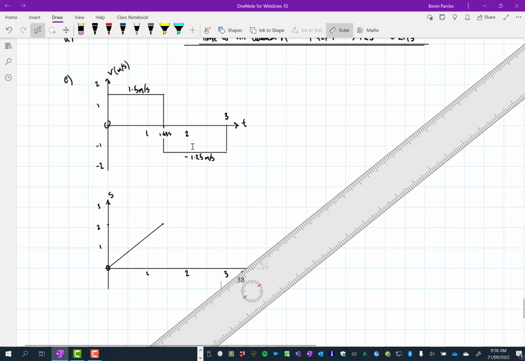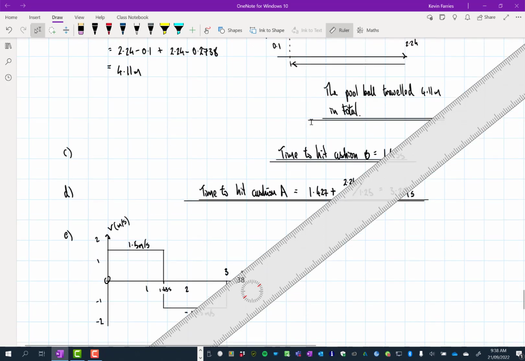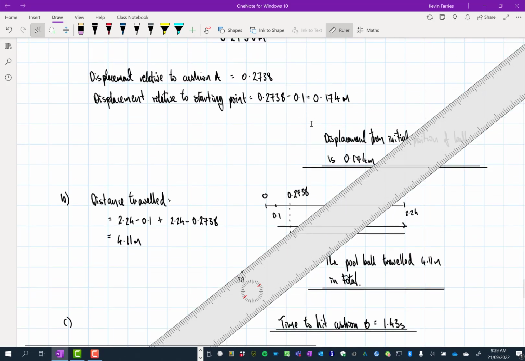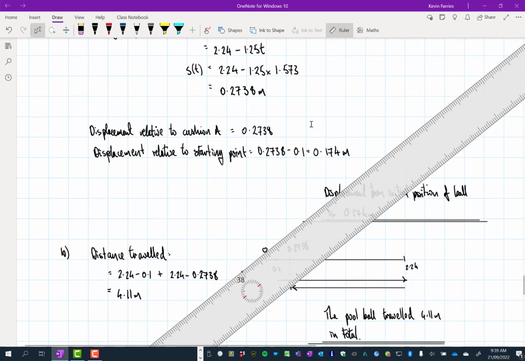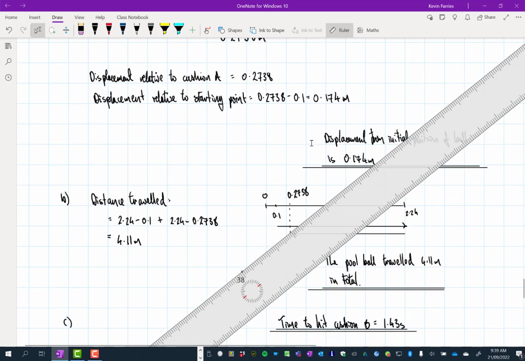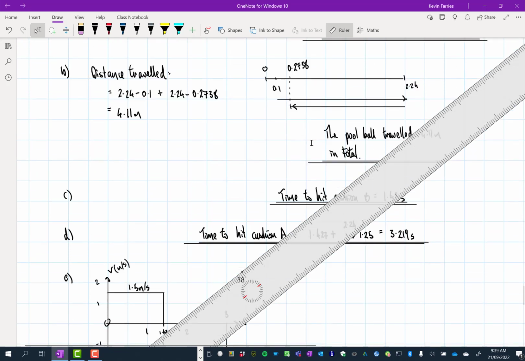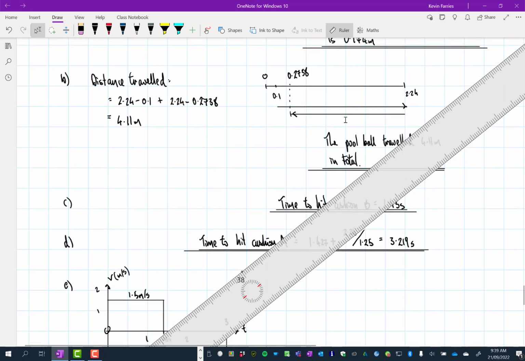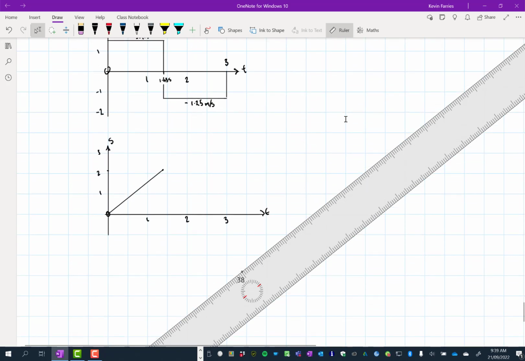Now the area is negative, so it's going to push my displacement in the negative direction. It's still the area under this, but we've already calculated all this, and we know that its final position after 3 seconds, relative to the initial position of the ball, was 0.174 meters.